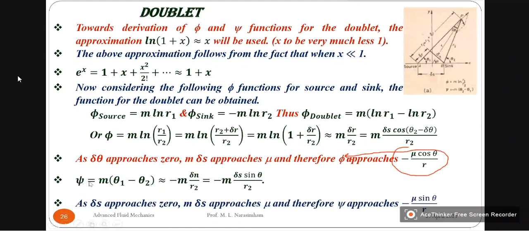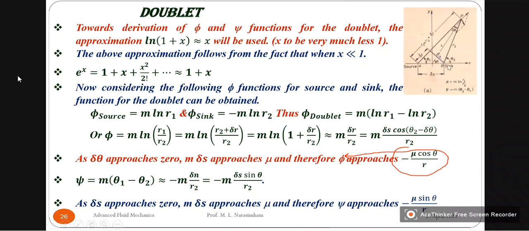So psi of source is m theta 1 and psi of sink is minus m theta 2. So combining these two, you will get minus m delta n by R2, where delta n is this distance.